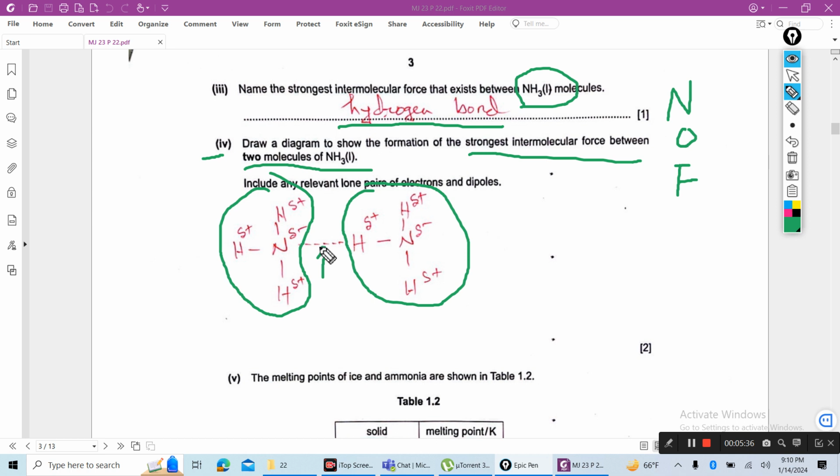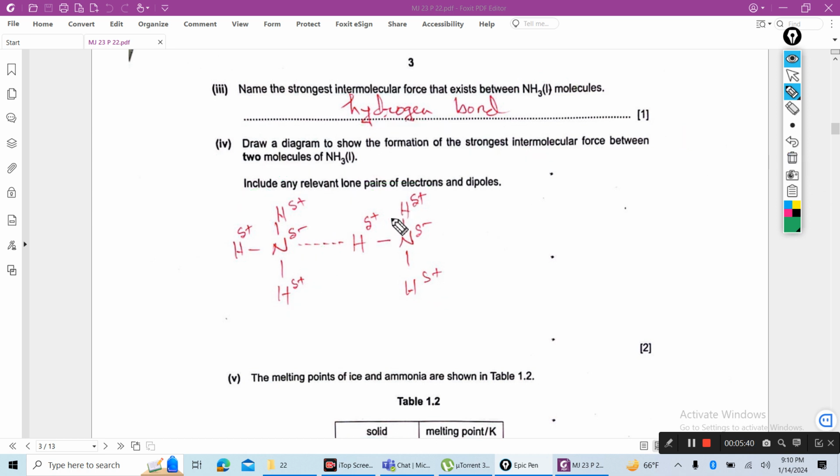This dotted line is known as hydrogen bond. I mean the delta plus hydrogen, delta plus means partially positive hydrogen of one ammonia molecule attracts the partially negative nitrogen of another ammonia molecule. This intermolecular force is the strongest and its name is hydrogen bond.